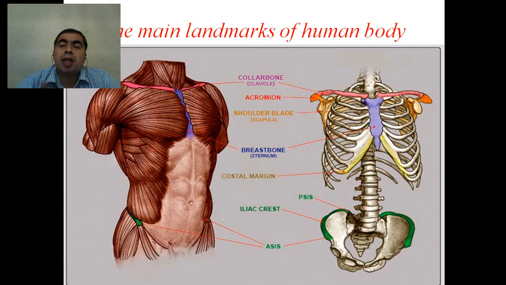The angulus between the manubrium sterni and the body of the sternum. The xiphoid process is also a very important landmark, a very important anatomical structure during several emergency procedures in the human body.